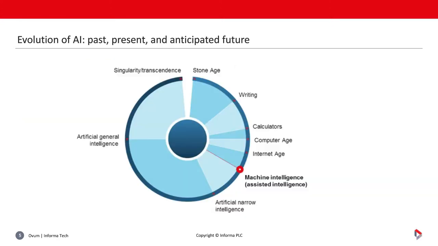If we look at where we are in terms of our evolution of artificial intelligence, where we are now you could call machine intelligence or assisted intelligence, and it is a little before the next milestone, which would be artificial narrow intelligence.